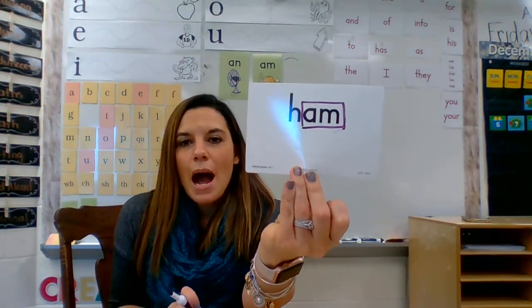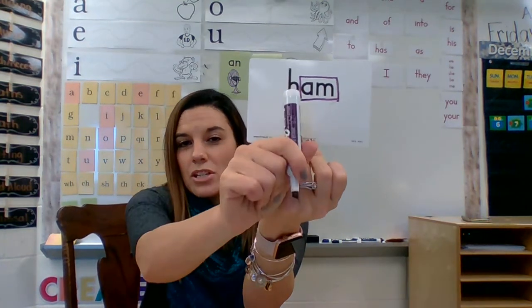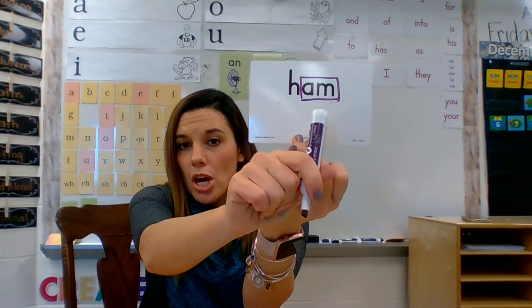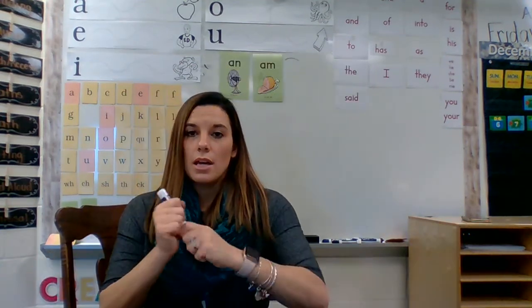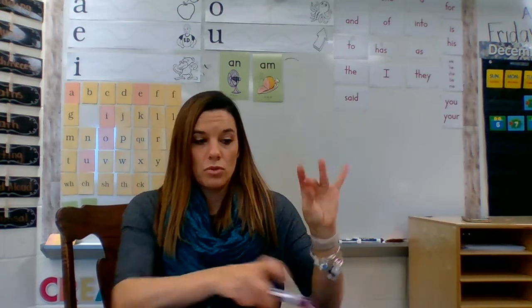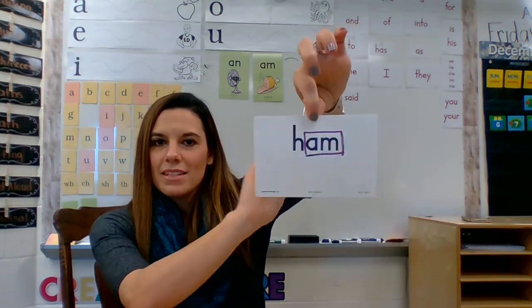This way, I can see that I decoded the word myself, so I know how to read this word without tapping out every individual sound, right? I can see the box and I can say, oh, that's a glued sound pattern. That's going to get one tap and it's going to say am. Am, ham. Awesome. Okay, this is how you mark up the word ham.